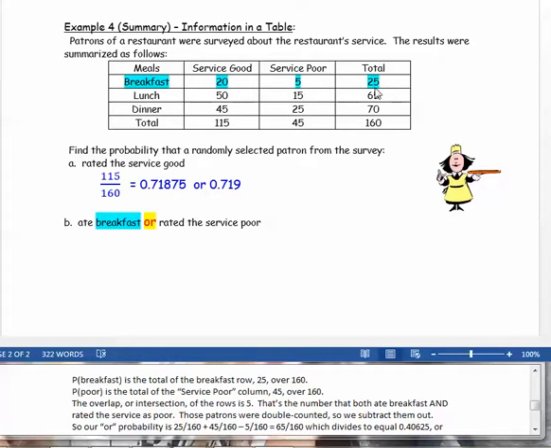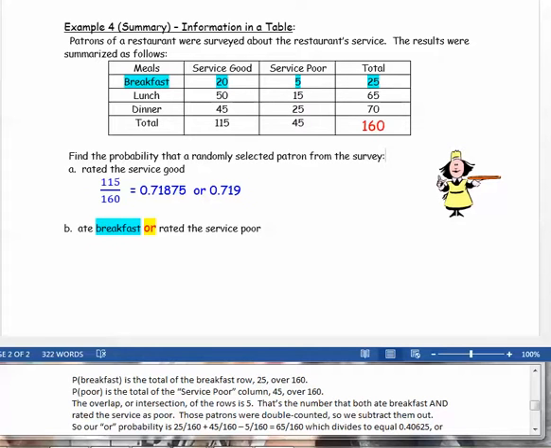Total of that row is 25 over 160, which is the total of the survey. Probability of poor, so rated the service poor, would be the total of the service poor column, which is 45 over 160.